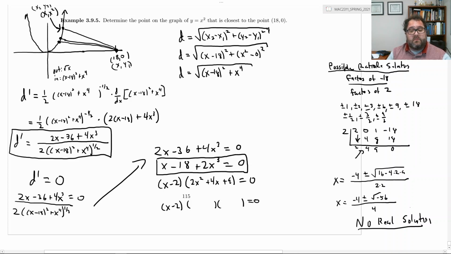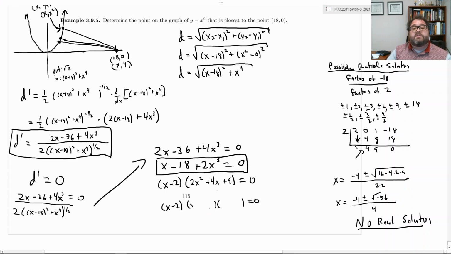So here, I'll just do this. Complex. Actually, let's be more specific: non-real and non-real. So it'd be x minus non-real, x minus non-real.